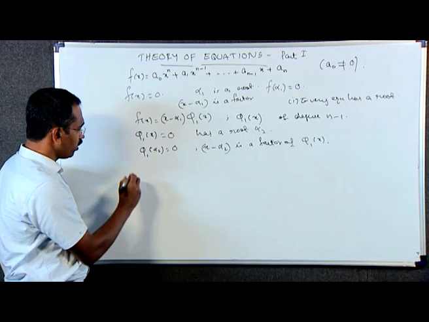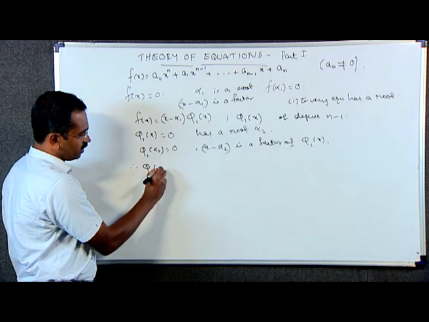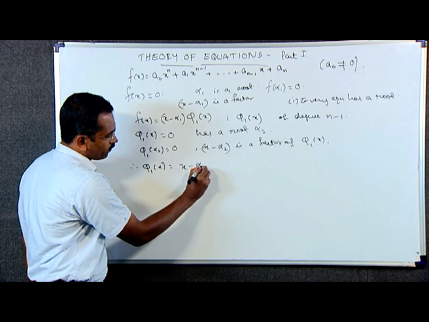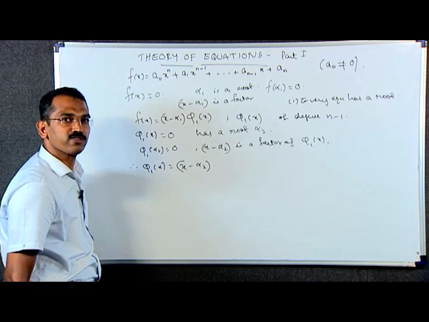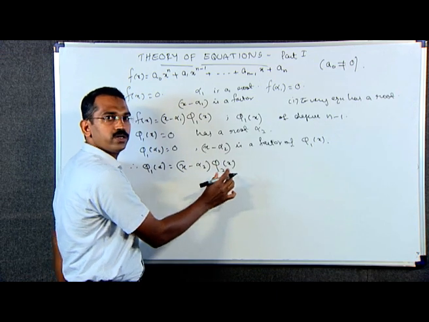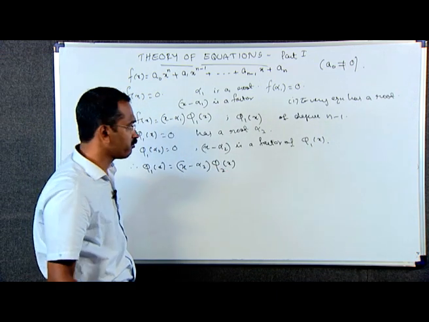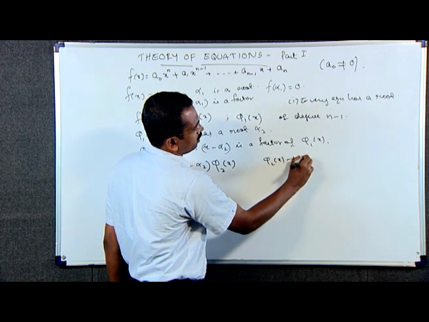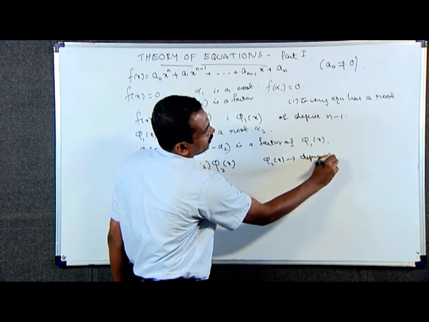Therefore, phi 1 of x can be written as x minus alpha 2 into some function of x, say phi 2, where phi 2 of x is a polynomial of degree n minus 2.